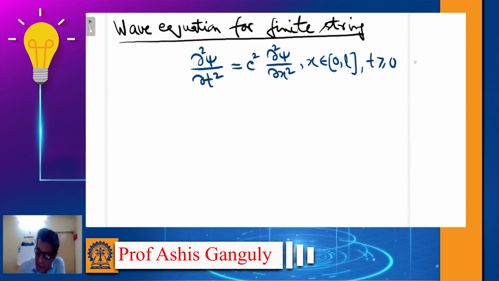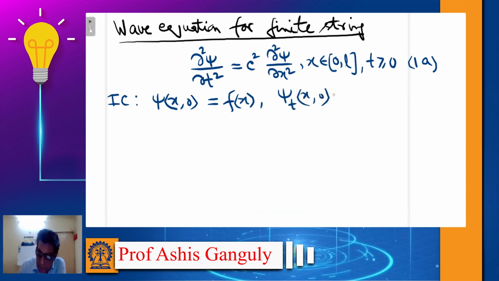Let us label it as 1A. There will be initial conditions as before, which is, let's say, psi(x, 0) equal to f(x) and psi_t(x, 0) equal to g(x).